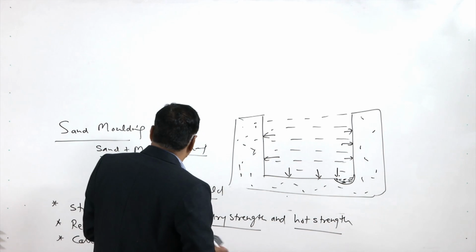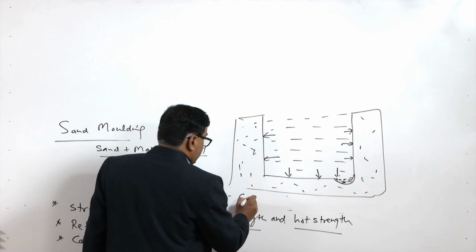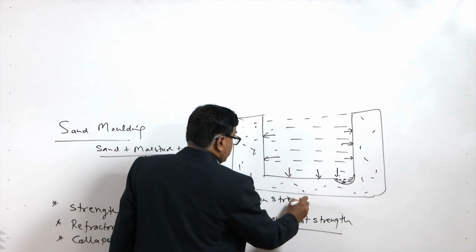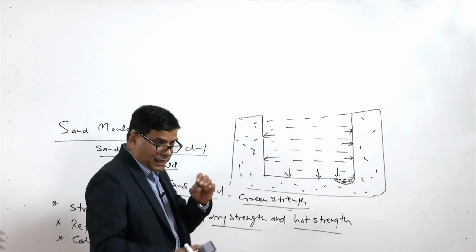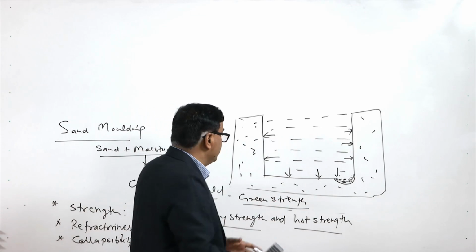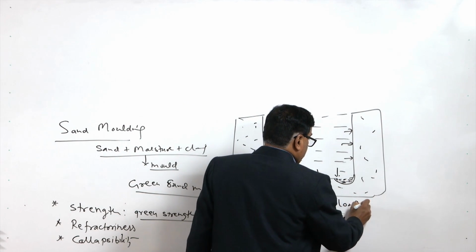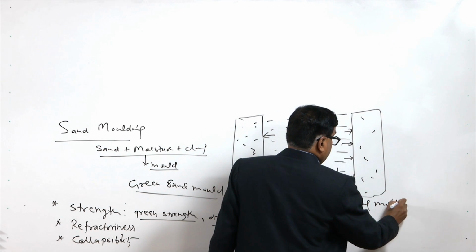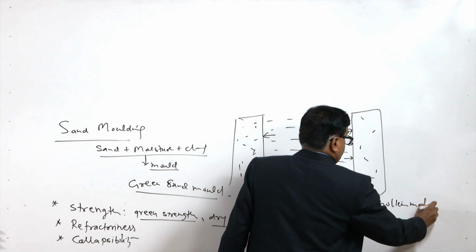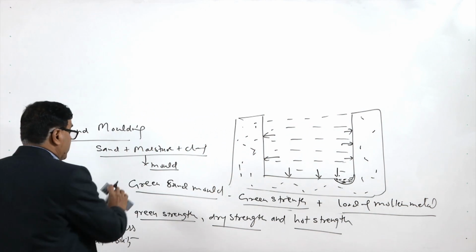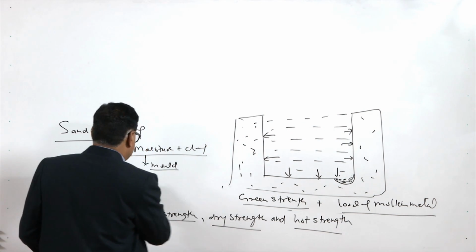In that situation, the green strength becomes important, not just from the size and shape retention point of view, but it should also carry the load of the molten metal. So, the green strength of the mold becomes important in that case.